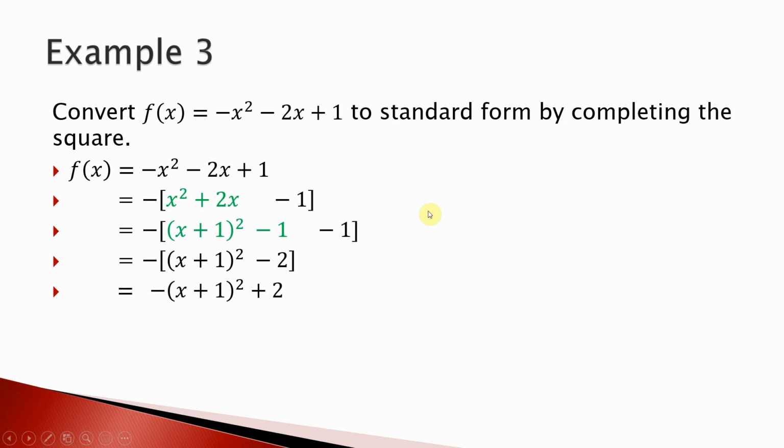Okay, so the important step is this step, how you are going to replace this by this. So this is actually equal to this, so they are the same thing. If you expand this and simplify, you get these two terms.